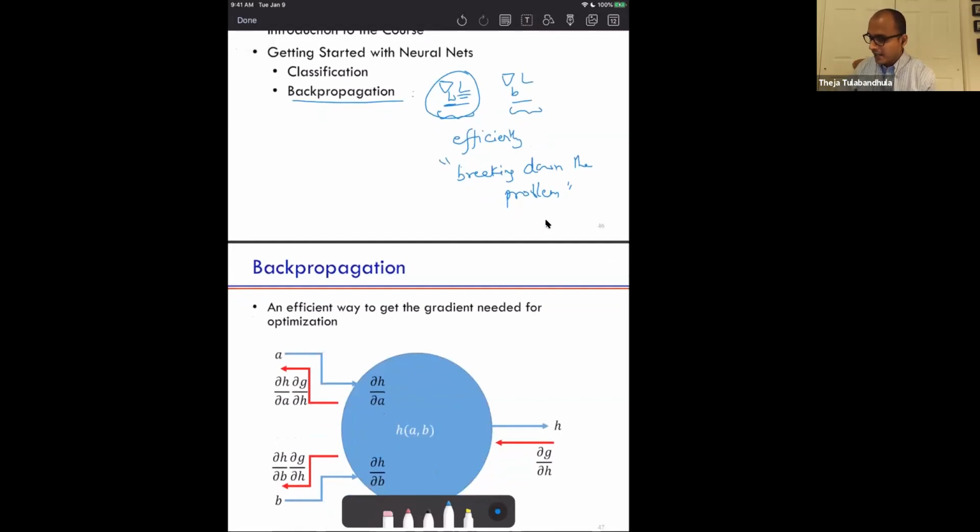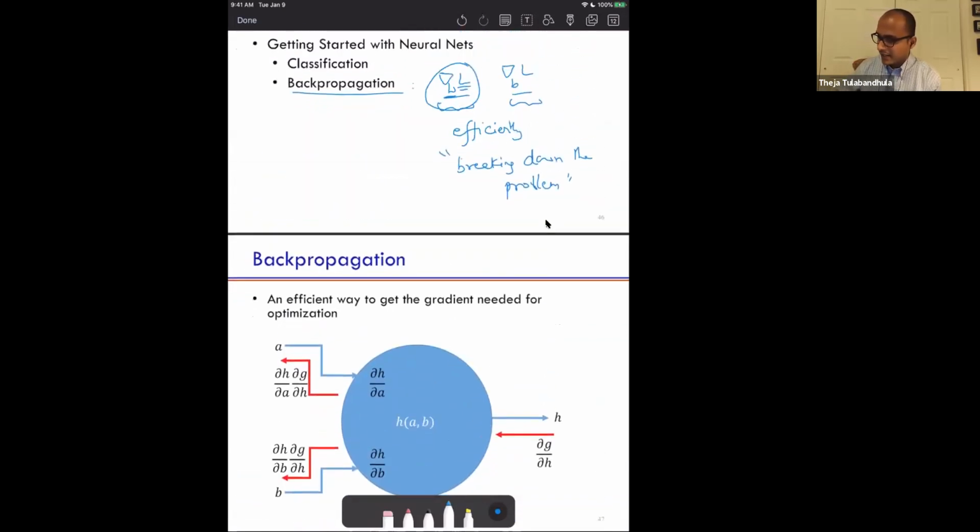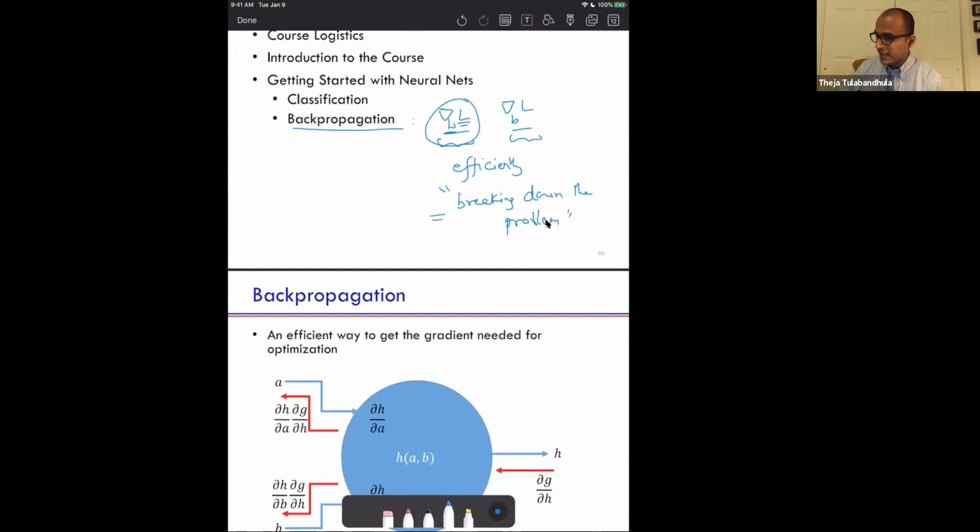And this is just to say that backpropagation is essentially, for those of you who remember calculus, the chain rule.